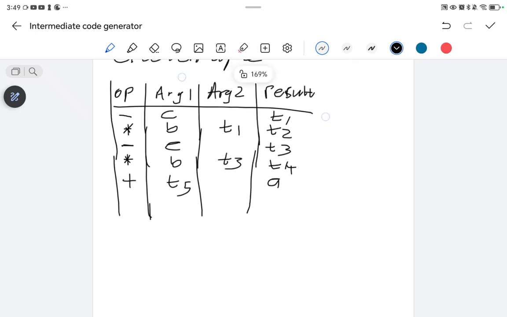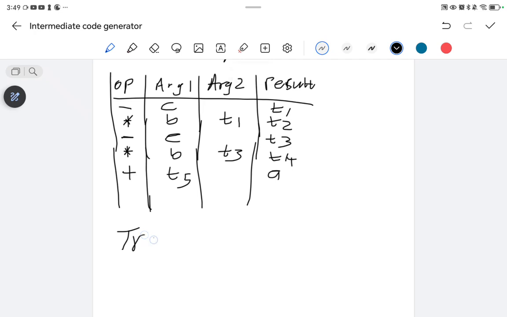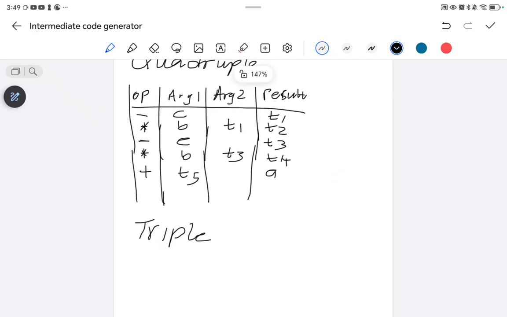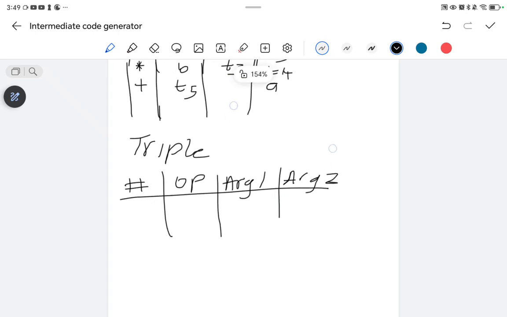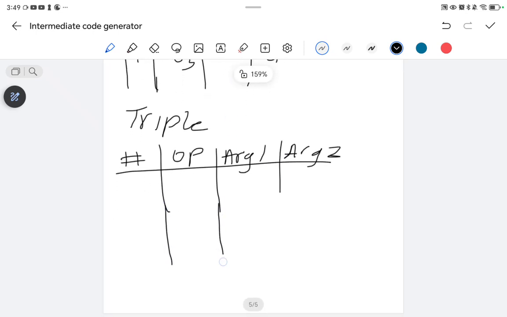Now we translate this quad to triple. When we translate this quad to triple, we exclude the result and we write hash, op, arg1, arg2. So wherever we see T1, T2, T3, we're going to replace those.